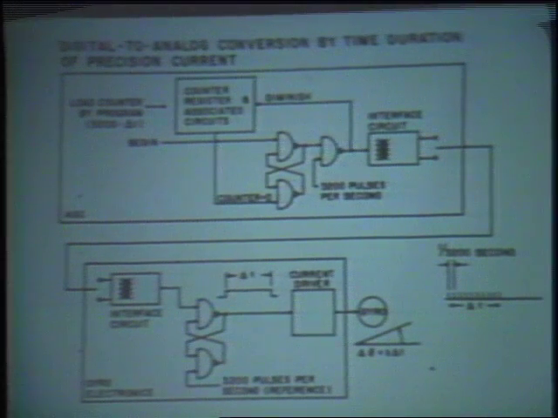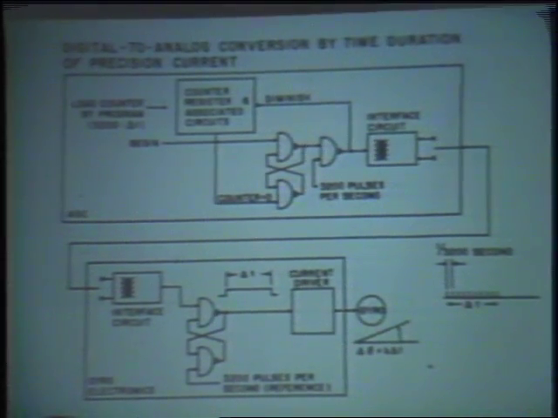Now, certain displays in the spacecraft. The gyro torquing is an example where a pulse of torquing current of duration delta t, which you see right here, generates a change in angle of delta theta in the gyro.